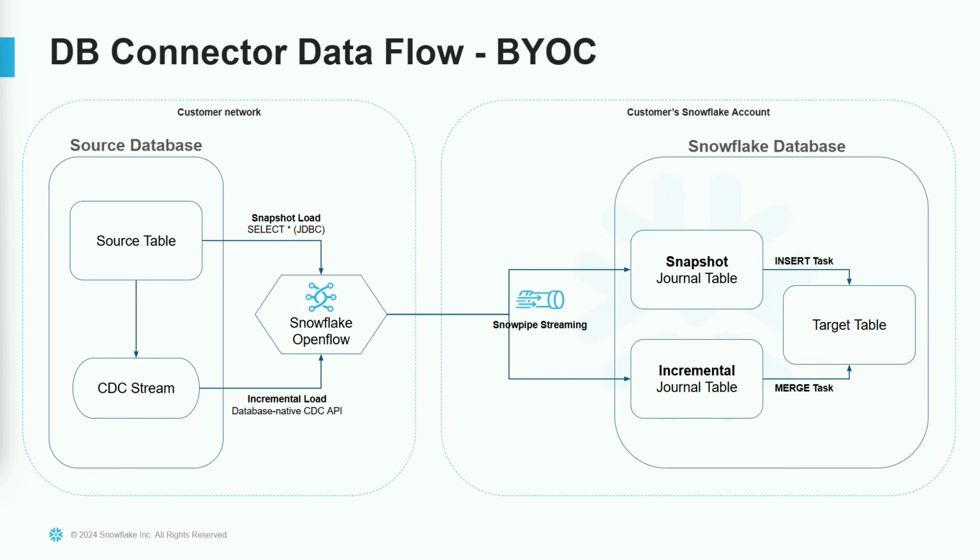And now, before the data lands in the destination table, the output of Snowpipe streaming is a journal table. It is an append-only table that is basically capturing all those change events. So inside Snowflake, you also have full history of all the change events that happened, inserts, updates, and deletes, along with the payload, the time when it occurred, the log sequence number, and all that metadata.